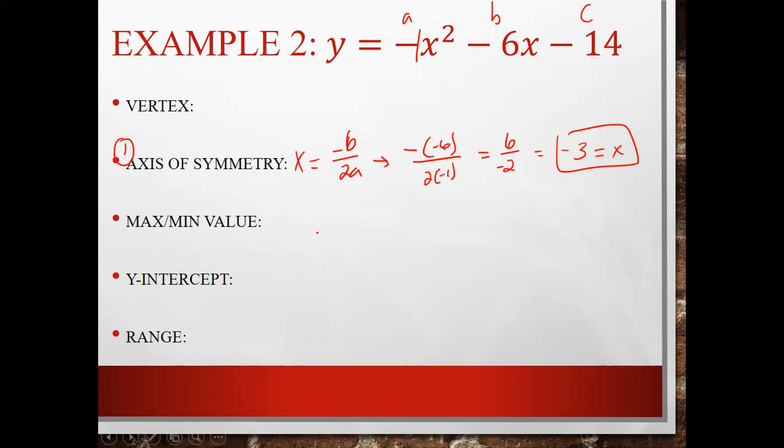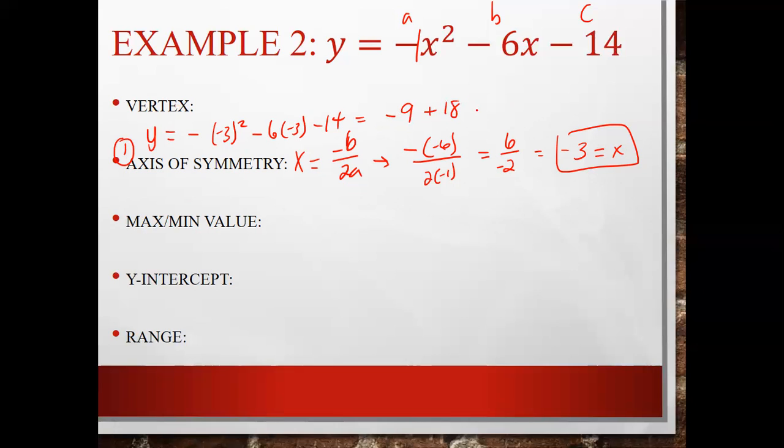In order to find the full vertex, we have to find our y value. To find the y value, you're going to plug in negative 3 for x. So y equals negative 3 squared minus 6 times negative 3 minus 14. A negative times a negative is a positive, but there's still a negative out there.